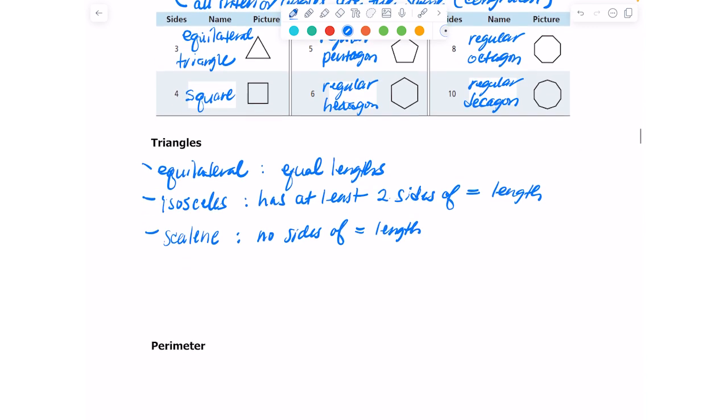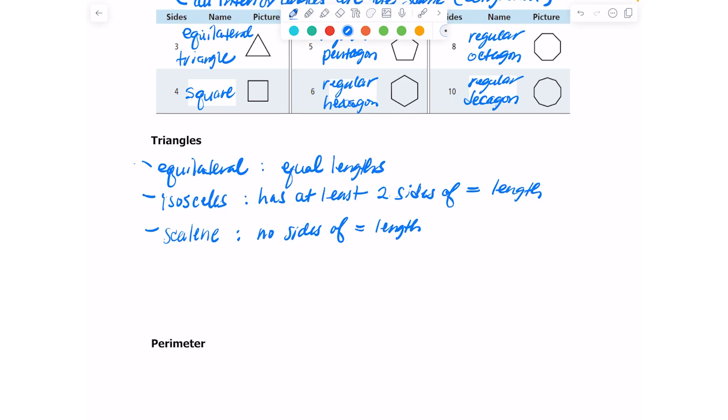We not only can classify triangles by their sides, we can also classify them according to their angle measures. So we can have right triangles, obtuse triangles, and acute triangles, which we've already talked about all of those definitions before, so I won't write those down.